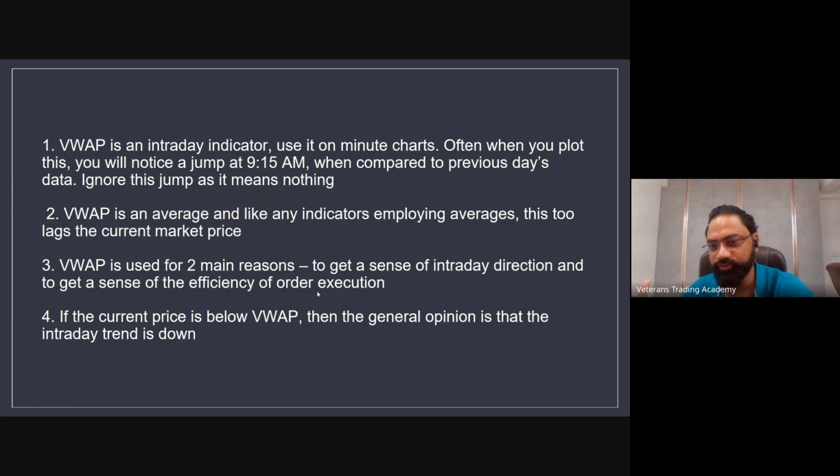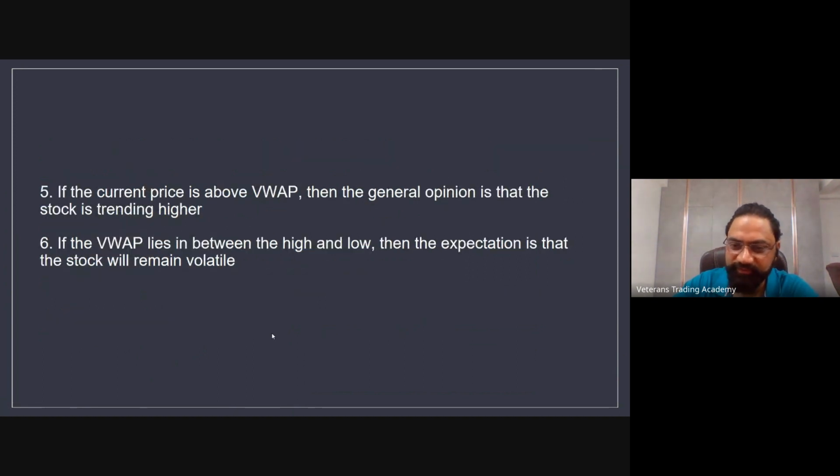You go long thinking that the VWAP line will act as a resistance and that will be my target to come out. If the price is below VWAP, it means the intraday trend is down, and if the price is above VWAP, the intraday trend is up. And if the VWAP lies between the high and low, then the expectation is that the stock will remain volatile. So this is the implication of VWAP.